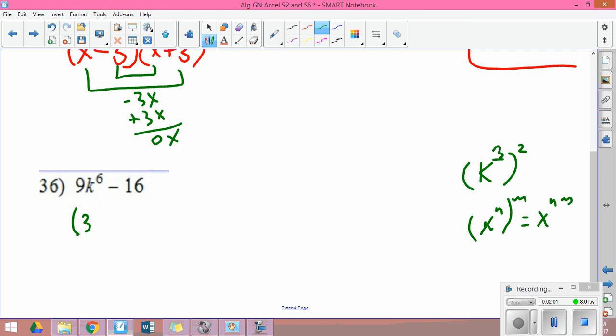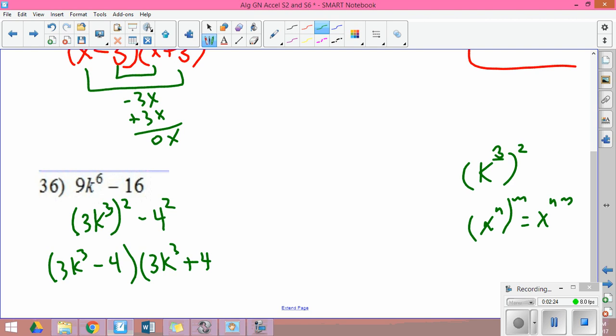So that means this is 3. 3 times 2 would be 6. So I've got k cubed squared, that's my perfect square, minus 4 squared is my perfect square. So my first term is going to be 3k cubed minus 4 and 3k cubed plus 4.